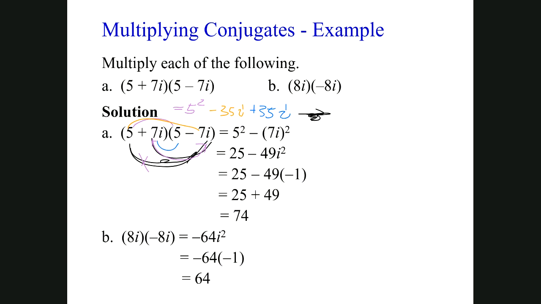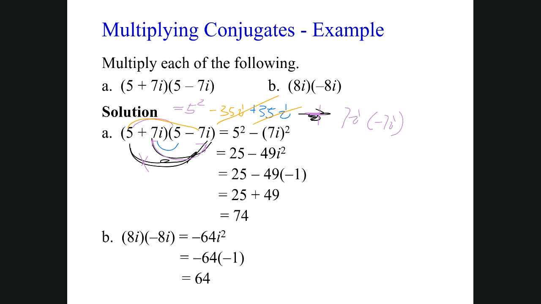So that is minus 7i times negative 7i. If I write down one more step here, as you can tell, these two middle ones cancel out. So we're just going to have 5 squared, and then minus 7i squared.